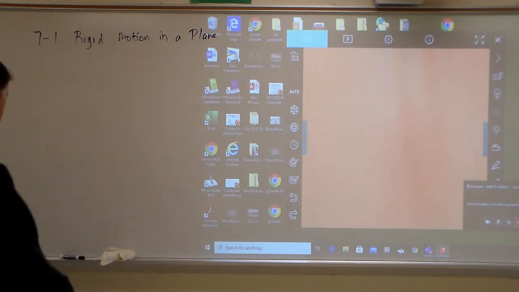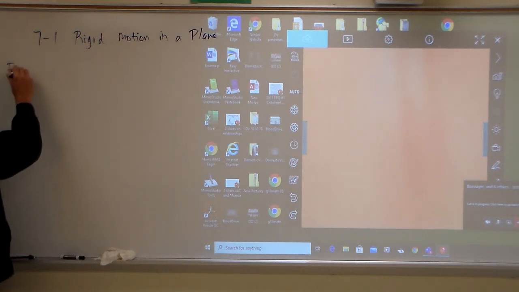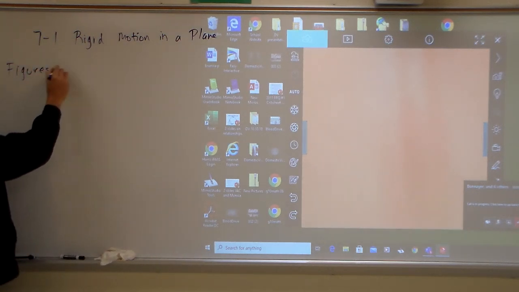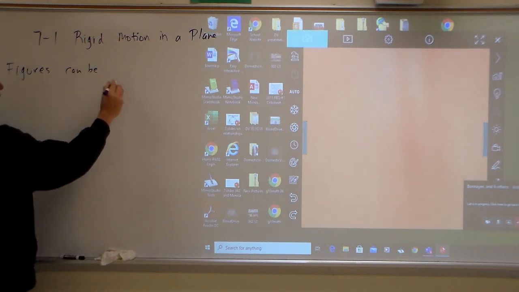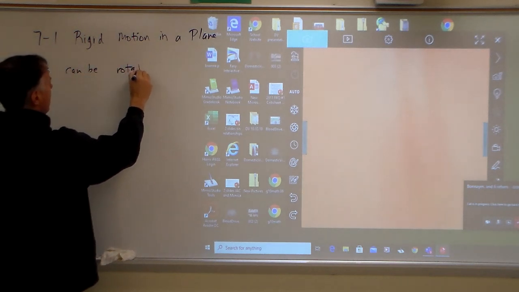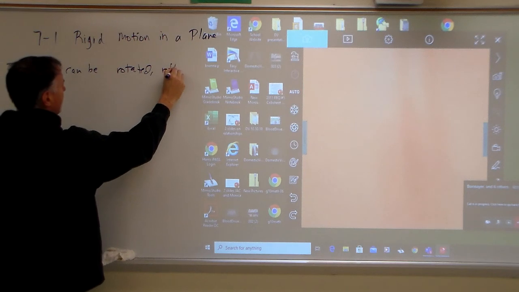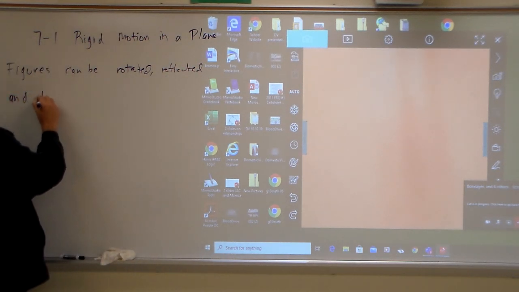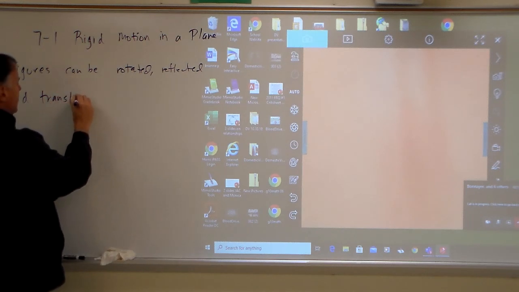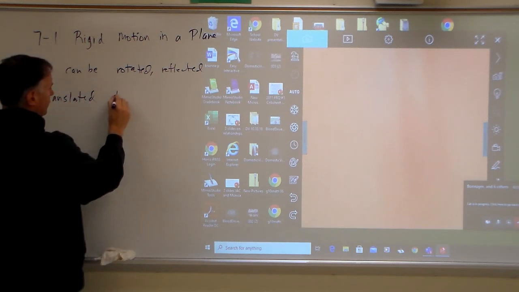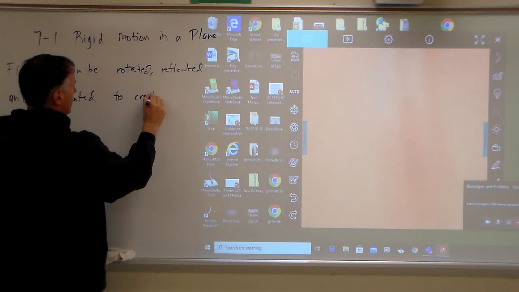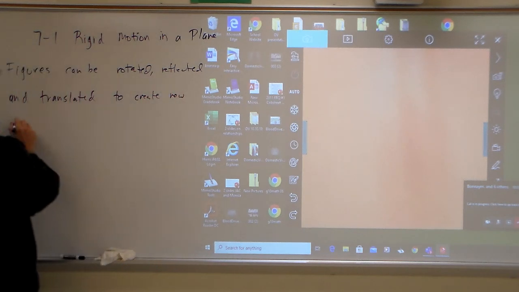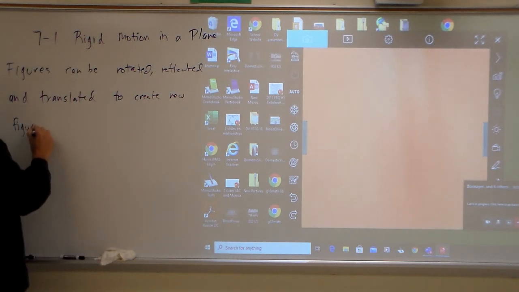So figures can be rotated, reflected, and translated to create new figures.